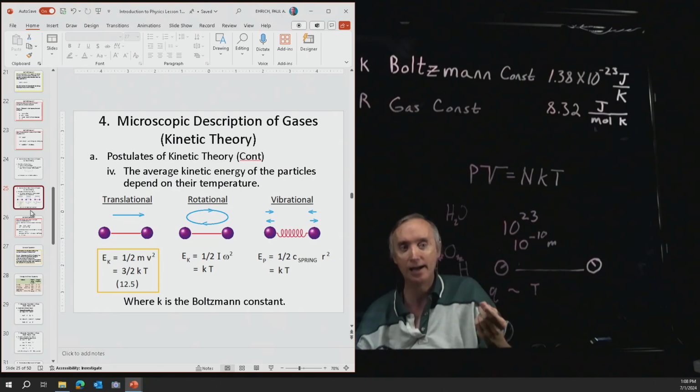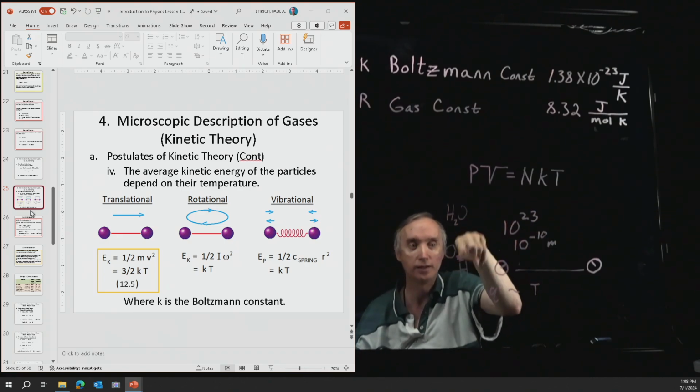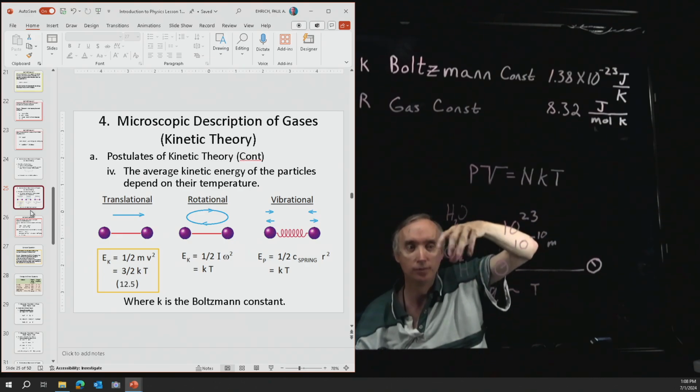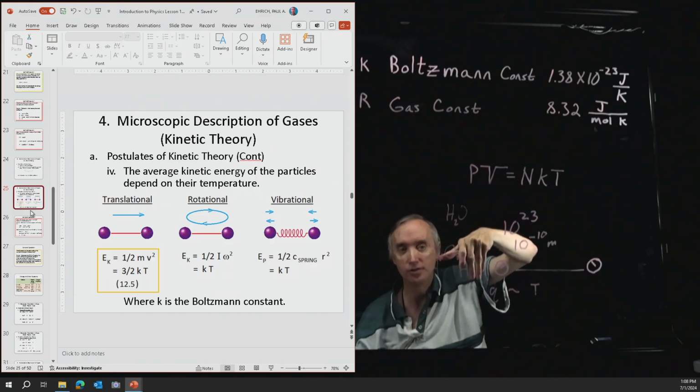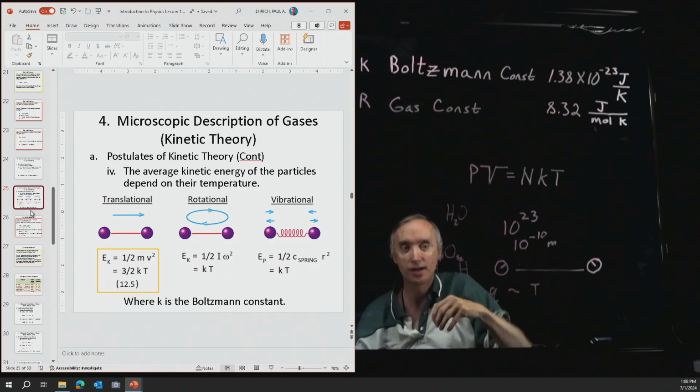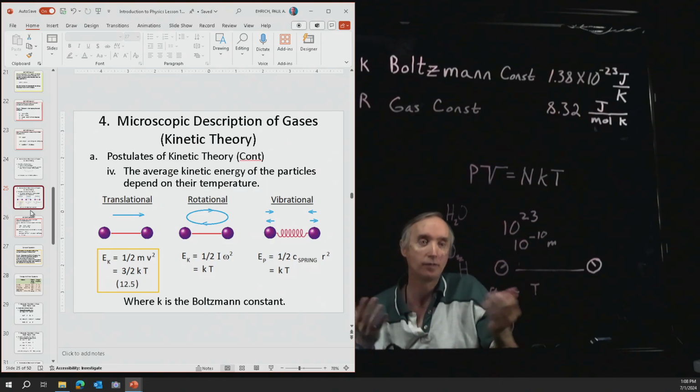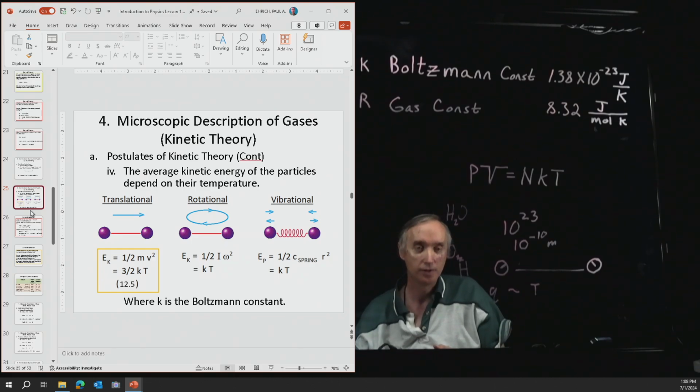Now if it's an atom, it can really only be moving sideways and in and out. So an atom doesn't really have a whole lot of energy when it's spinning, and of course an atom can't stretch because it needs to have a partner in order to do it. So it kind of depends on what the gases in the system are as to which of these different kinds of formulas you use.